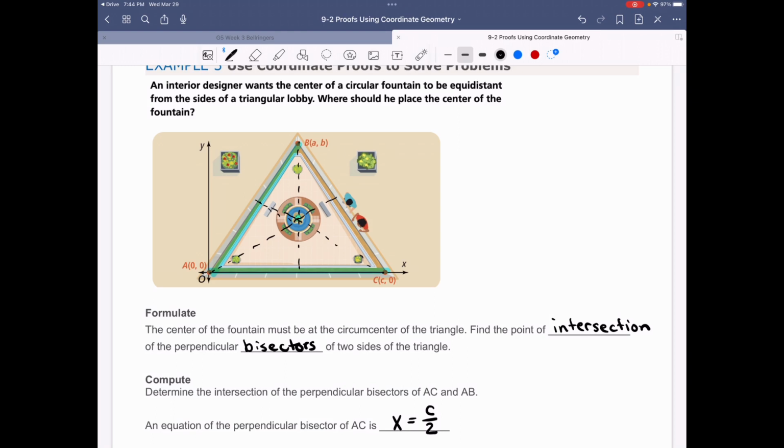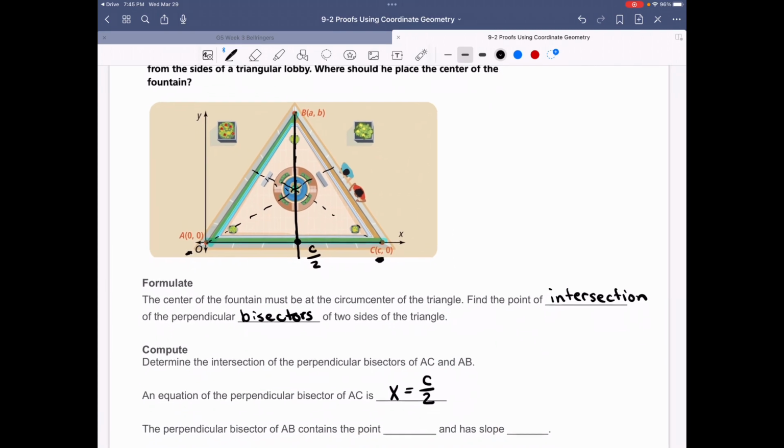And when we find the perpendicular bisector of that, right there, it's going to go through perpendicularly at the point c over 2. And when x equals that, it's just the vertical line. And we know that it's c over 2 because this is c and this is 0, and then 0, 0. And that's how we find the midpoint.